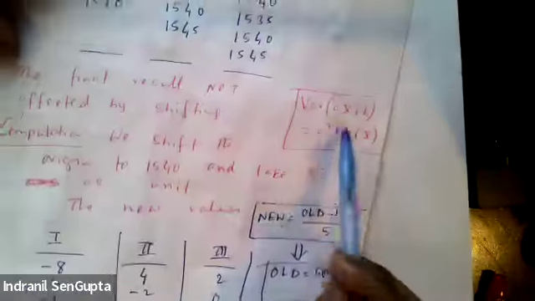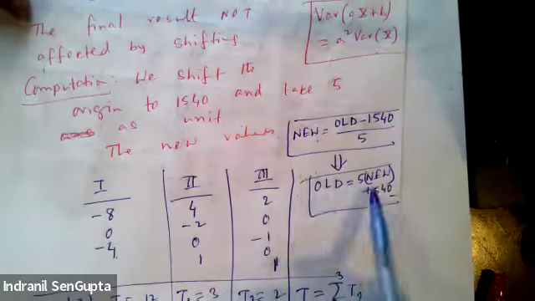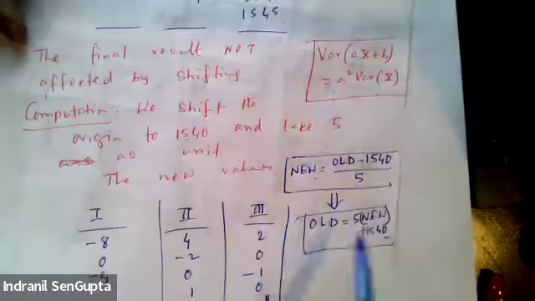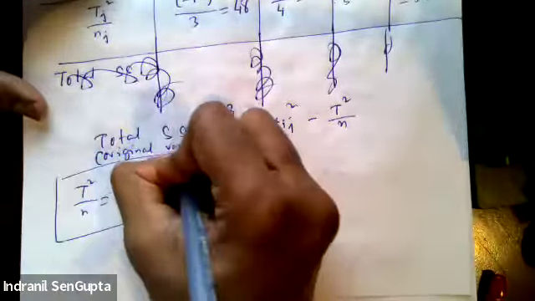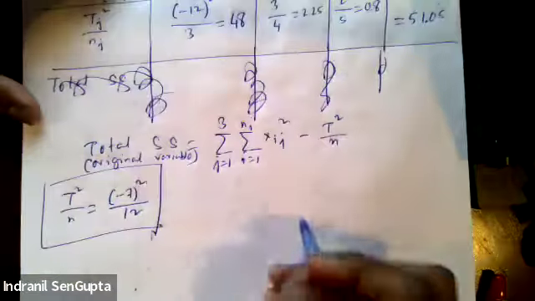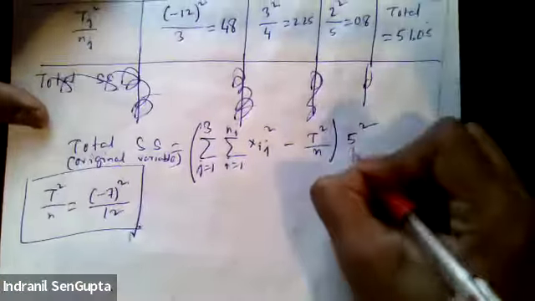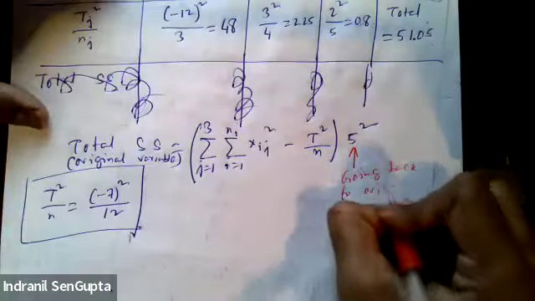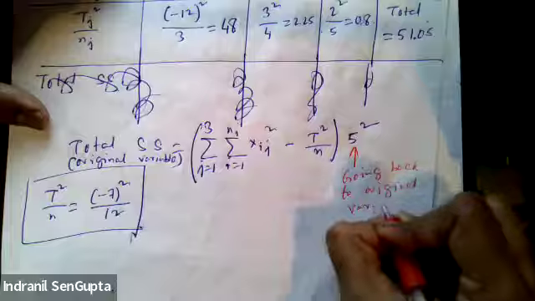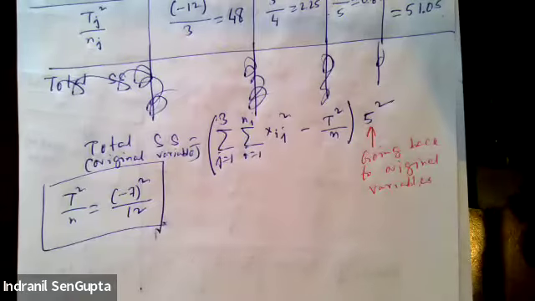This 5 is like a. Whenever I compute something to do with the variance, I have to multiply by 5 squared due to this formula. So here, total SS for the original variable, not the new variable, I just multiply this by 5 squared. So this is going back to the original variables.